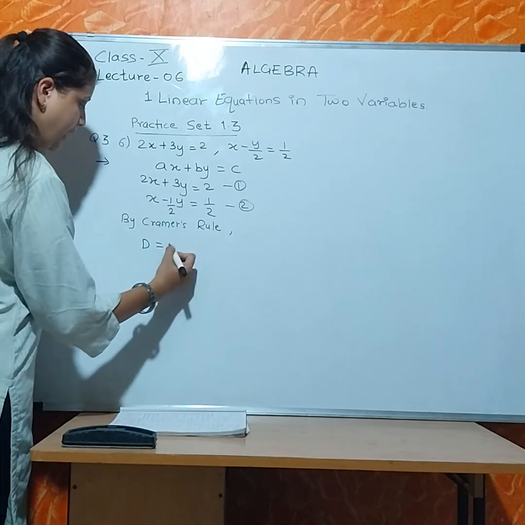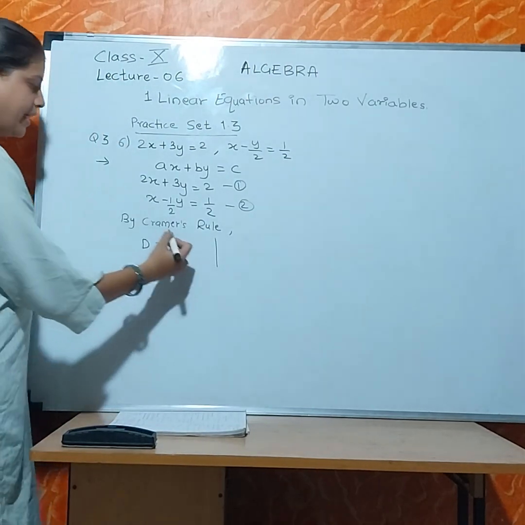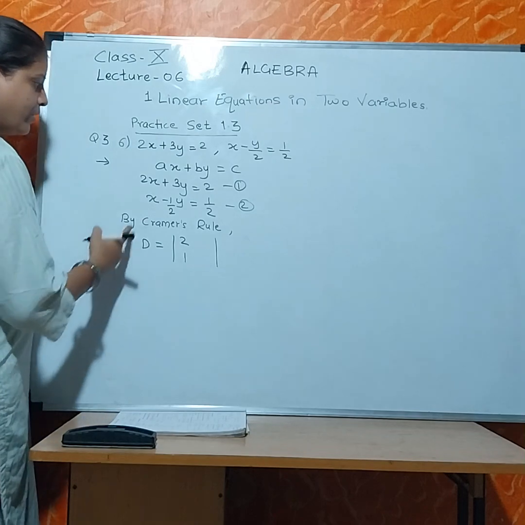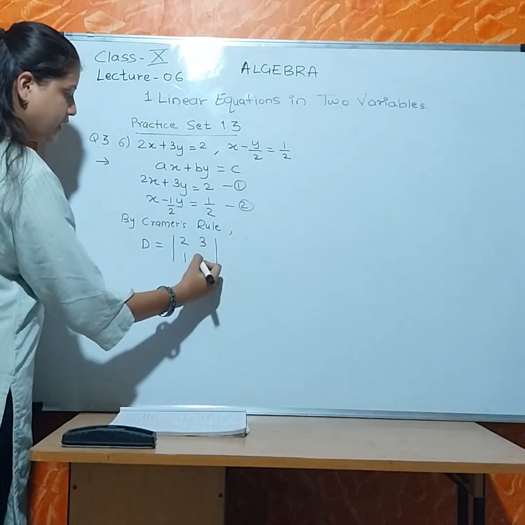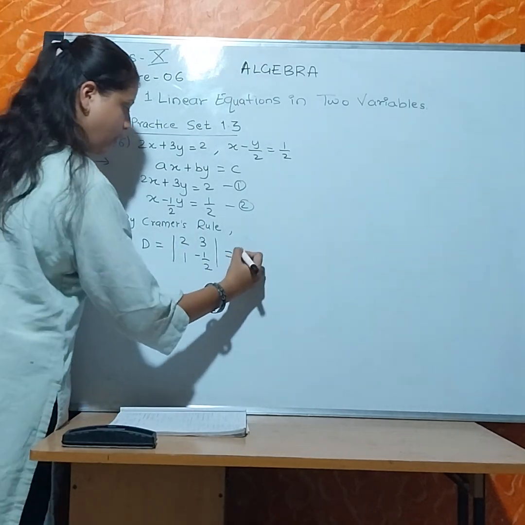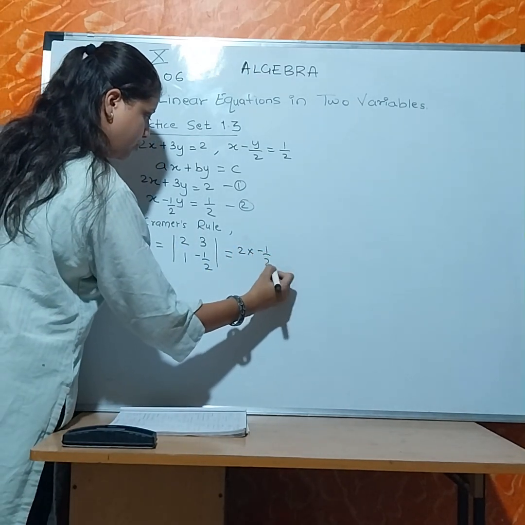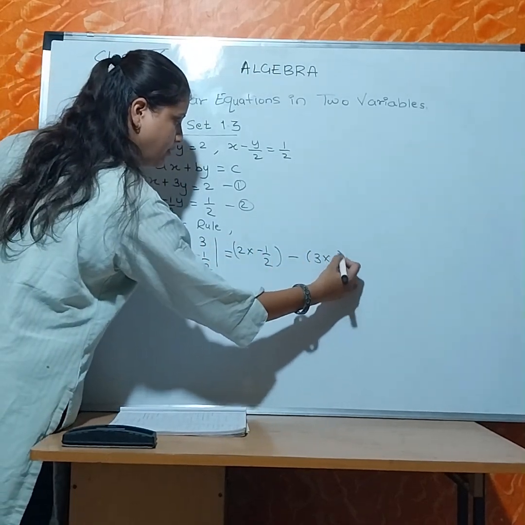So first we will find the value of D. To find the value of D, what are the coefficients of x? 2 and 1. What are the coefficients of y? 3 and minus 1 upon 2. So 2 into minus 1 upon 2 minus 3 into 1.